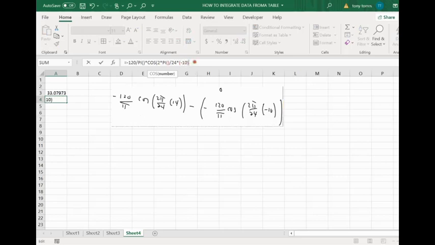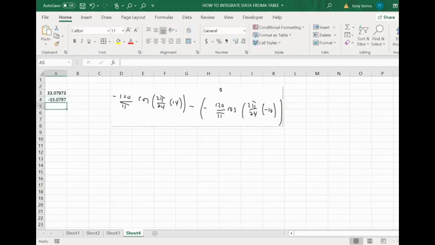And now be careful here, because this negative and this negative will be positive. So I've got to get this negative out. Oops. And that will do. And this negative, I need to close this parenthesis, and I need another one here. So there we go. That will make sense.